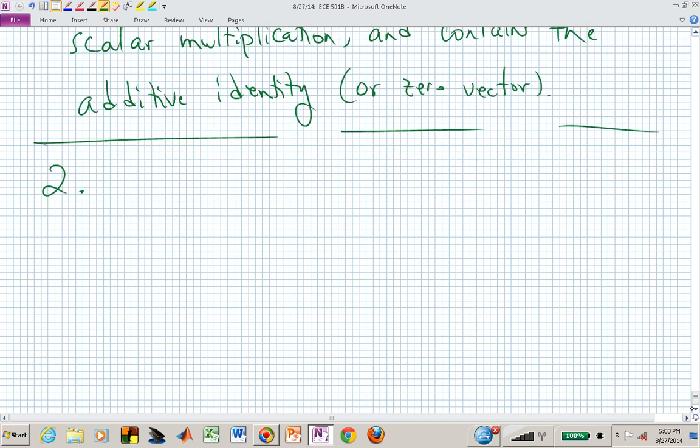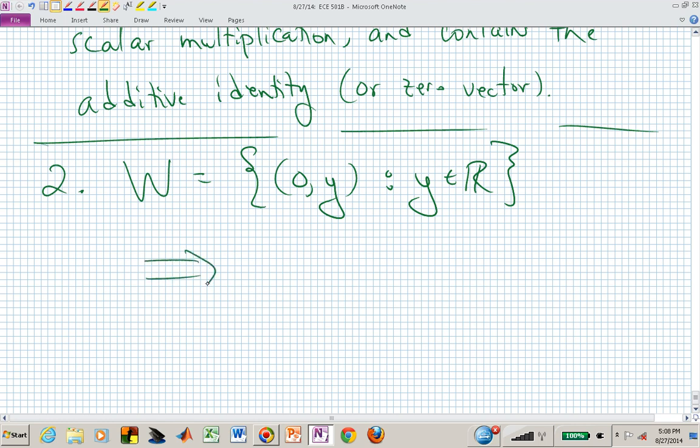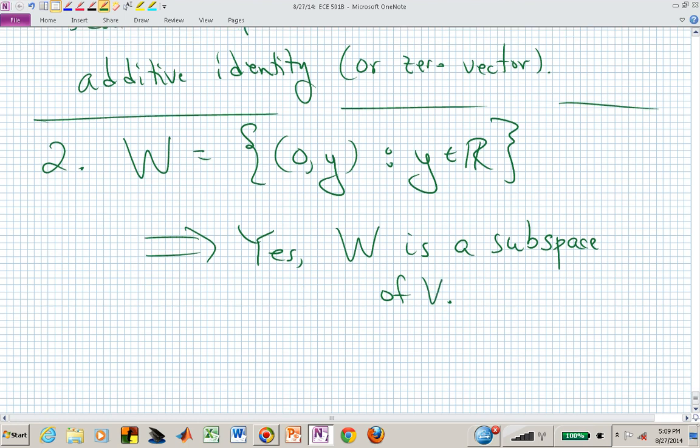What about another one? Let's say W is the set of ordered pairs 0, y. Is W a subspace of V? And we won't go through that.